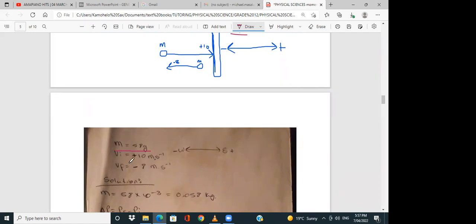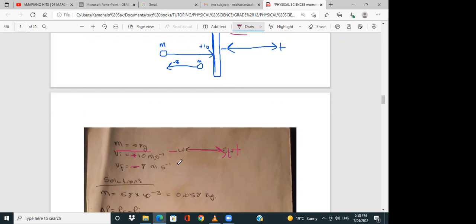The mass, 58 grams. Initial velocity, positive 10 meters per second, because it's going towards the wall. And our final velocity, negative 8 meters per second, because it's going away from the wall. Towards the wall is east, positive, and away from the wall is west, negative.